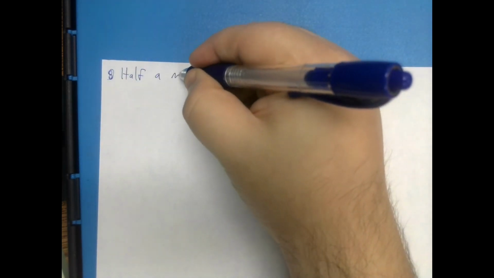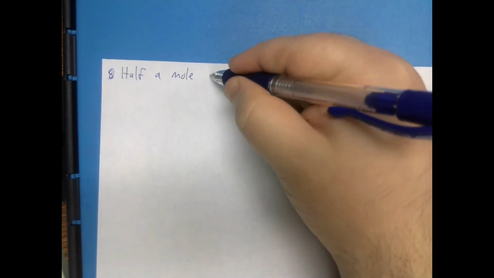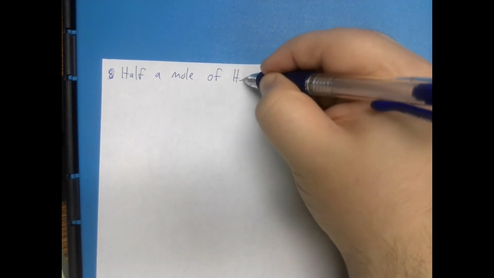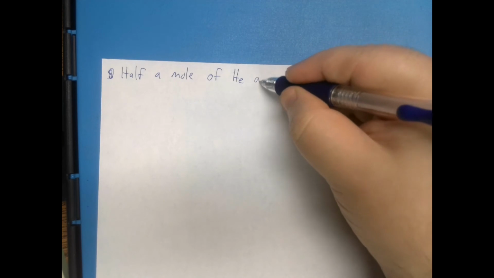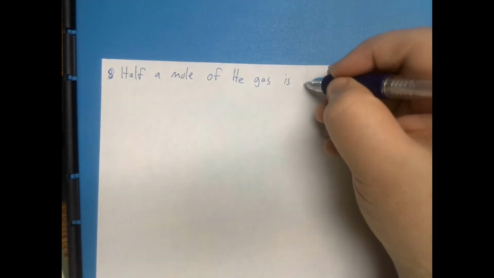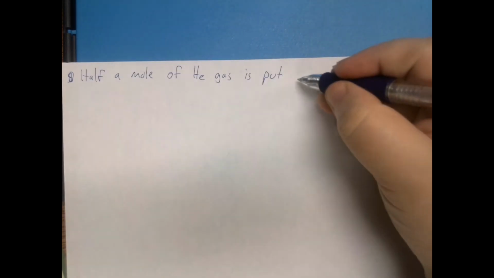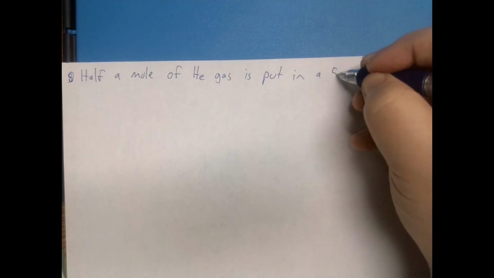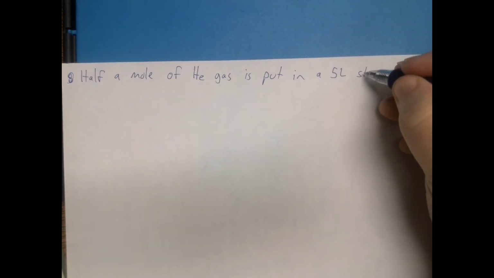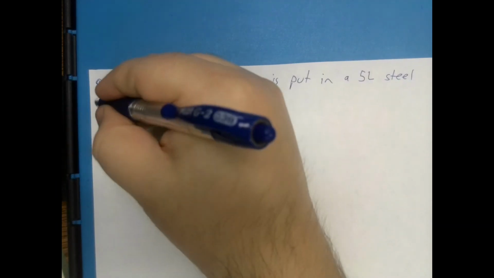Half a mole of helium gas is put in a 5-liter steel container.